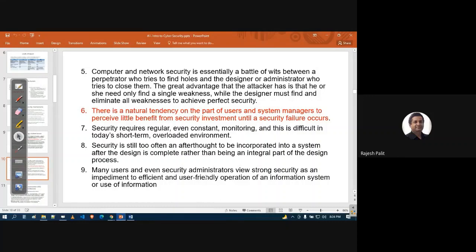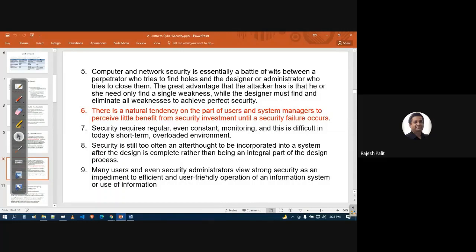So, for example, if you want to introduce two-factor authentication for my credit card, and I want to make an online transaction, I always need to use a hardware token, and I need to enter the number from the hardware token, right? So that is the security mechanism we implemented.